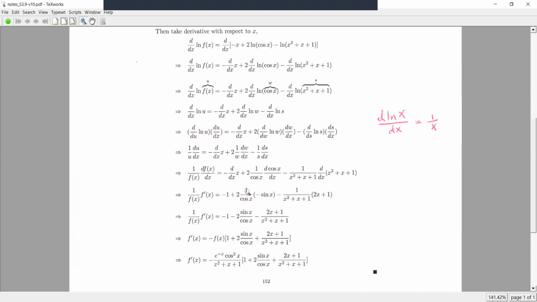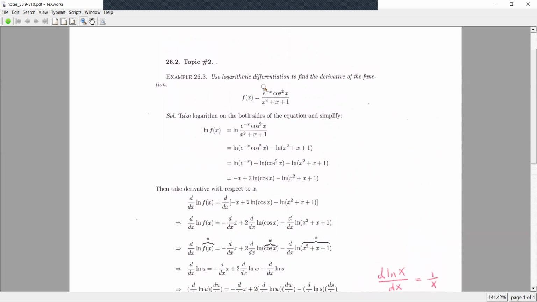Simplify this term and this term a little bit, then I have this equation. Move f of x to the right side, then I have this equation. About function f, in this example, I know function f.